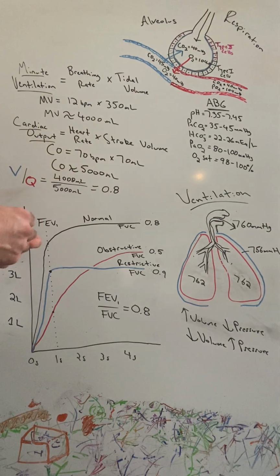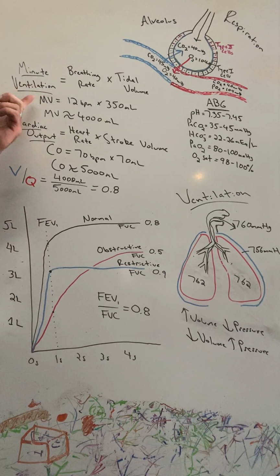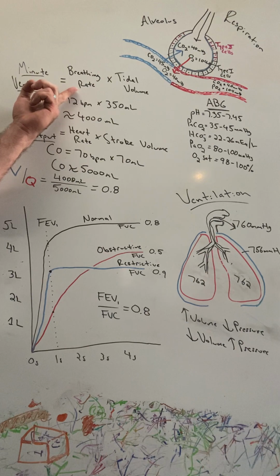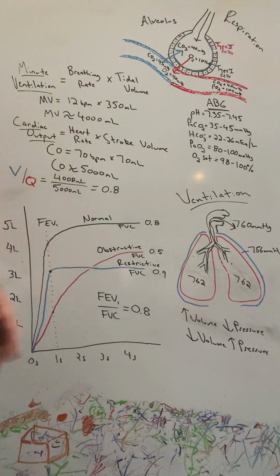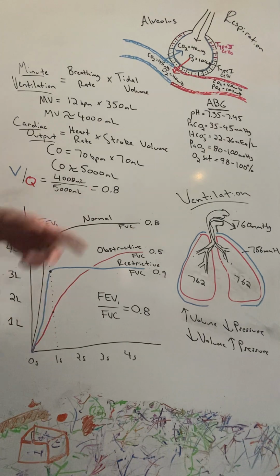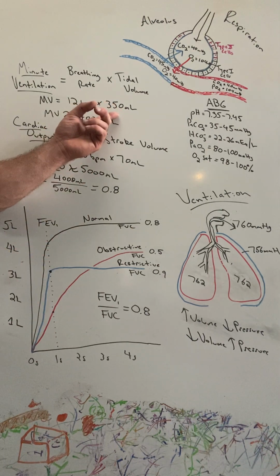Then lastly, talking about our calculations, we need to know minute ventilation, and we're comparing that to cardiac output. So minute ventilation is basically the cardiac output of the lungs, but nothing to do with cardiac or blood. It's volumes of air. So minute ventilation is breathing rate, how many times you breathe in a minute, and tidal volume. So our average respiratory rate, you could say 12 to 16, 12 to 20, and then your tidal volume, 350 milliliters.